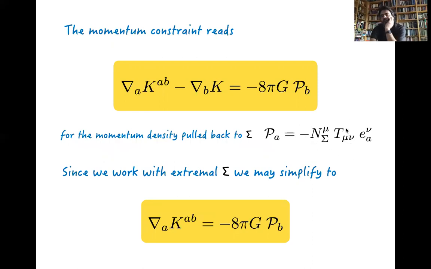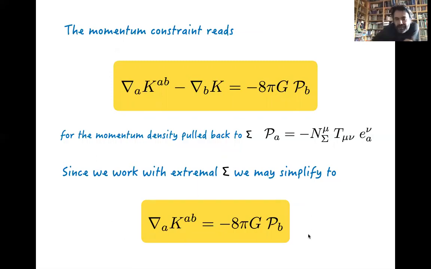This is the flux of momentum that crosses sigma, and then I just project it with the vielbein over the tangent plane to sigma, so I'm computing the momentum directed along sigma. This is a vector field, and this is just covariant derivatives in the induced metric. And then because sigma in my case is extremal, a maximal volume surface, K is 0. And that simplifies the momentum constraint appropriately. So I get a simple equation.